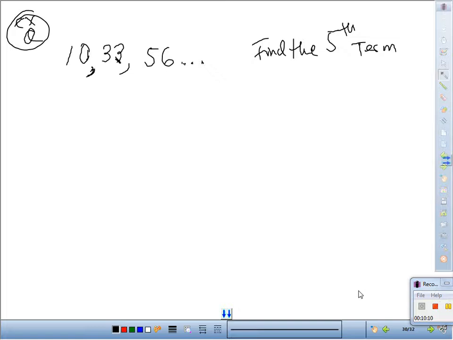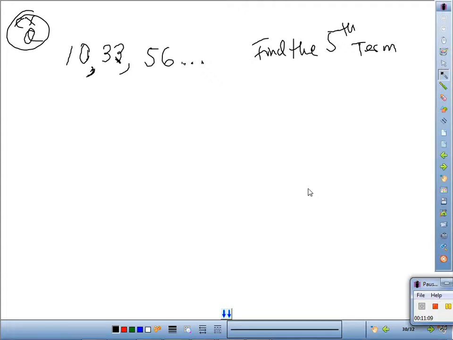If it's an R, you're going to write R equals and the pattern. Are we there? Once you do that, you're going to give me the formula of whatever sequence this is. If it's arithmetic, write the formula. If it's geometric, write the formula. And then you're going to press send.